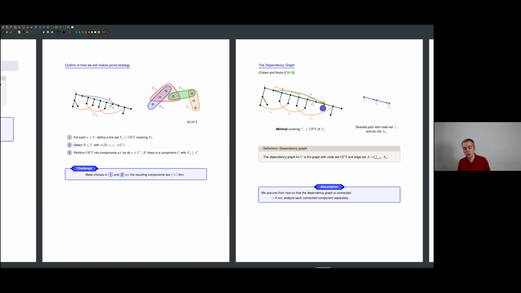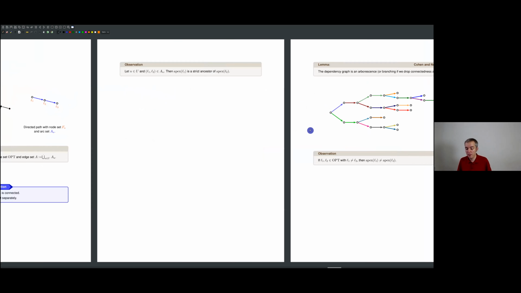So there's a natural ordering, right? One covers the bottom part, and at some point some other link has to take over to cover more of the uplink U, and then another one takes over. And this ordering we represent by a directed graph on the nodes of the link graph.